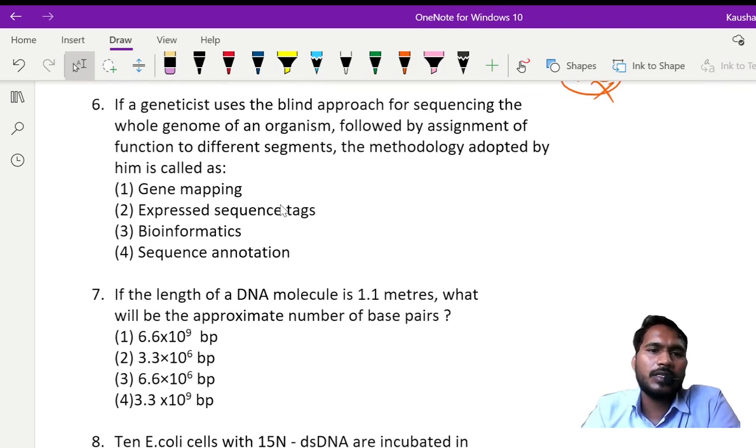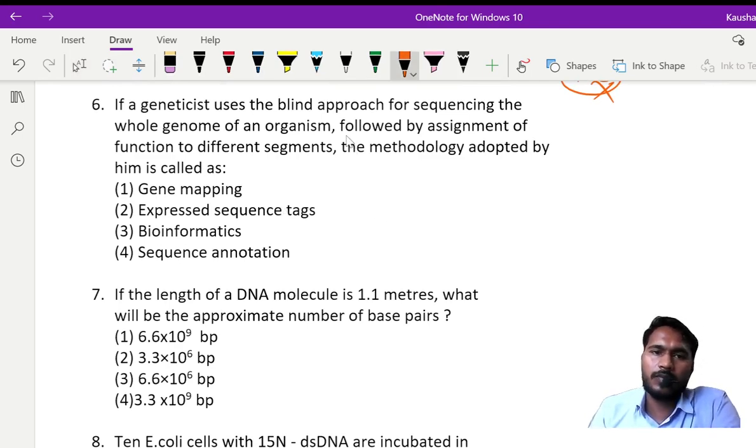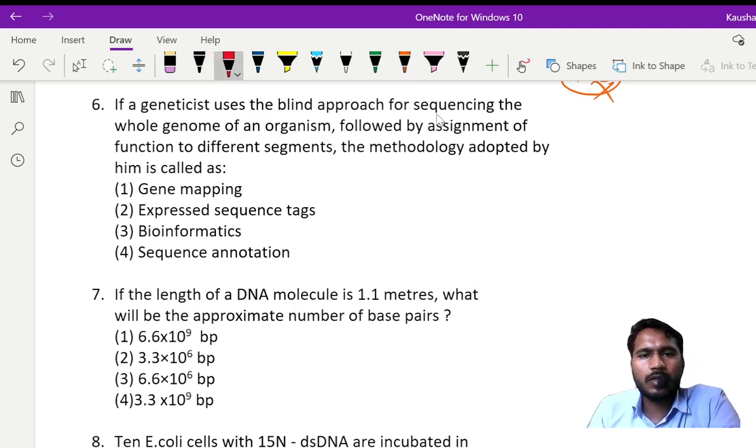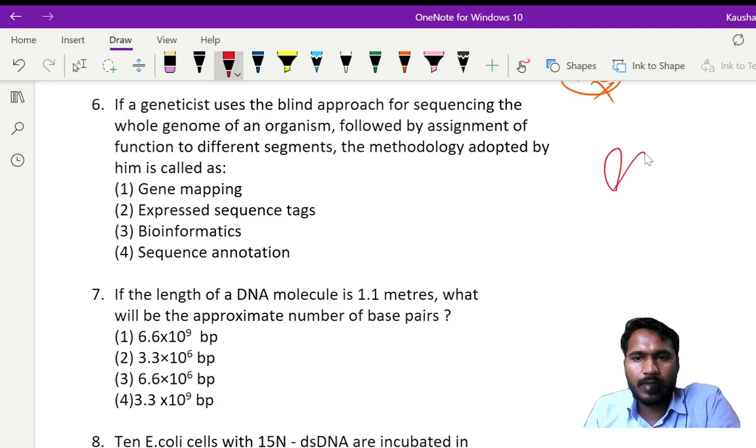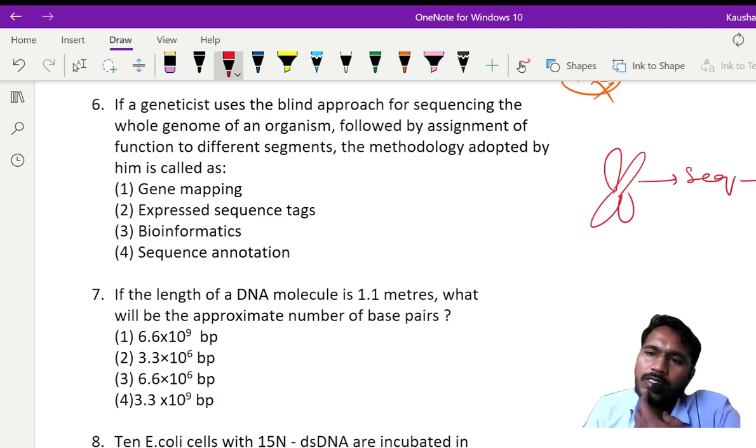If a geneticist used a blind approach to sequence the whole genome of an organism, suppose you people are the geneticists and you want to sequence a genome followed by assignment of the function of different segments, and the methodology adopted by him. You have to find the complete sequence of a gene. Suppose this is a chromosome, you have to find the sequence of it, and you have to find what is the function of this.